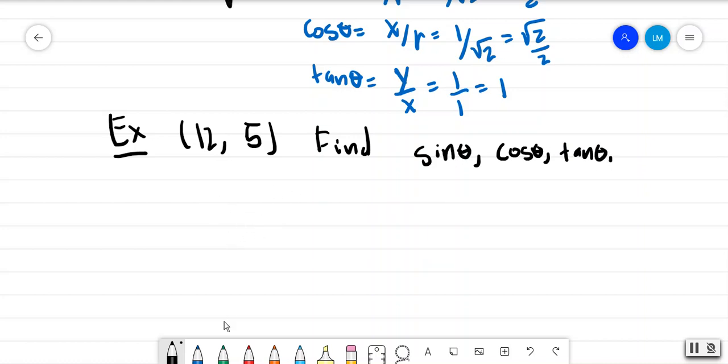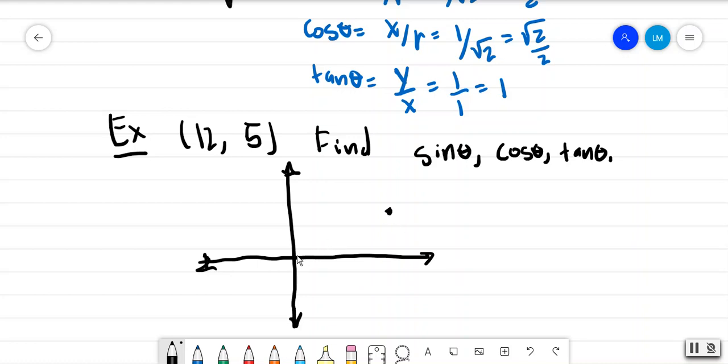To do this, we can just go ahead and draw our x and y plane. This is probably not going to be to scale, so we'll just put it like this. Okay, well, the ray will be something like that. And we'll just put 12 comma 5.